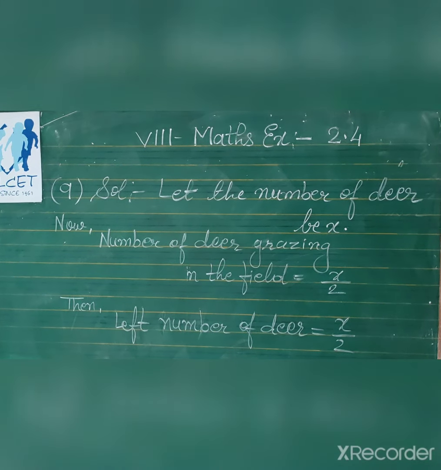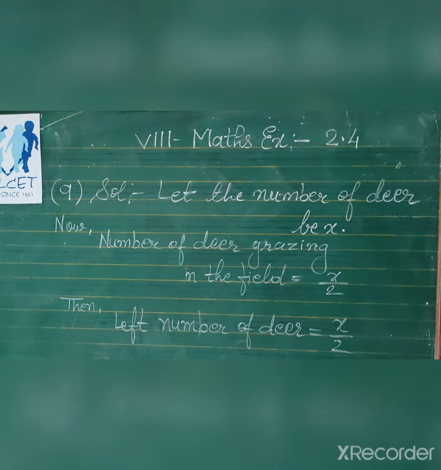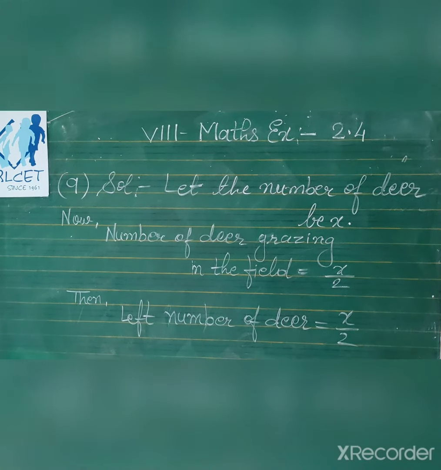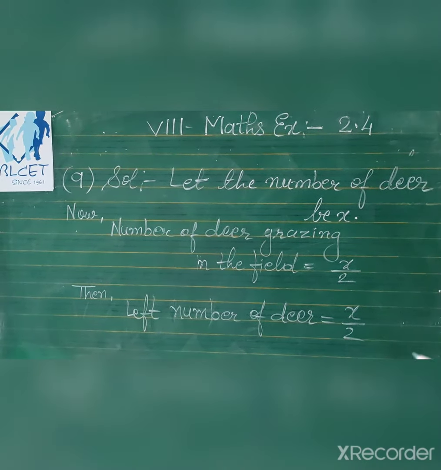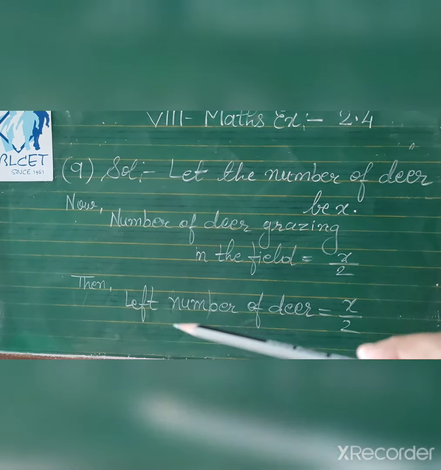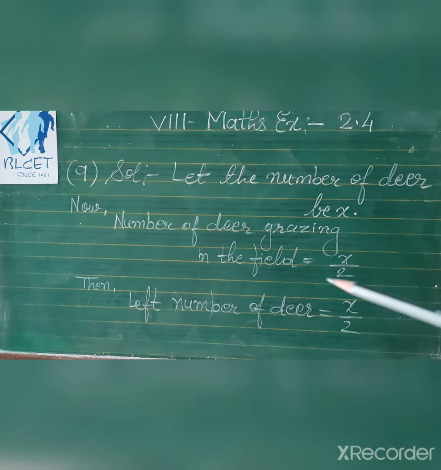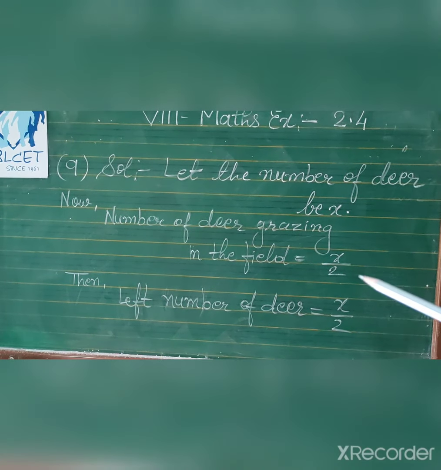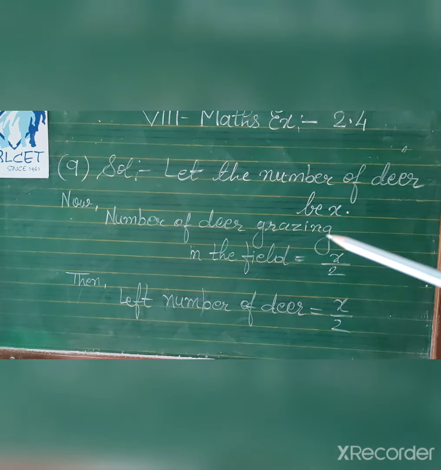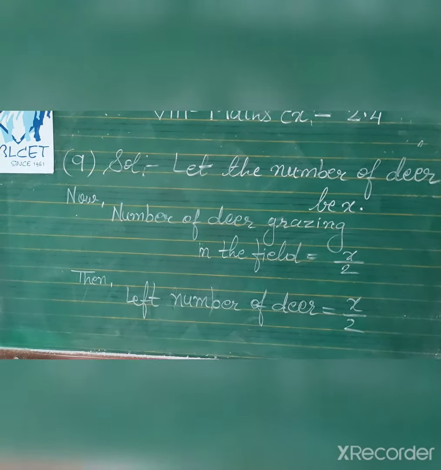So in the question, first we will assume let the number of deer be x. Now number of deer grazing in the field, half, so x by 2. Now left number of deer is half, because half the deer are grazing in the field.